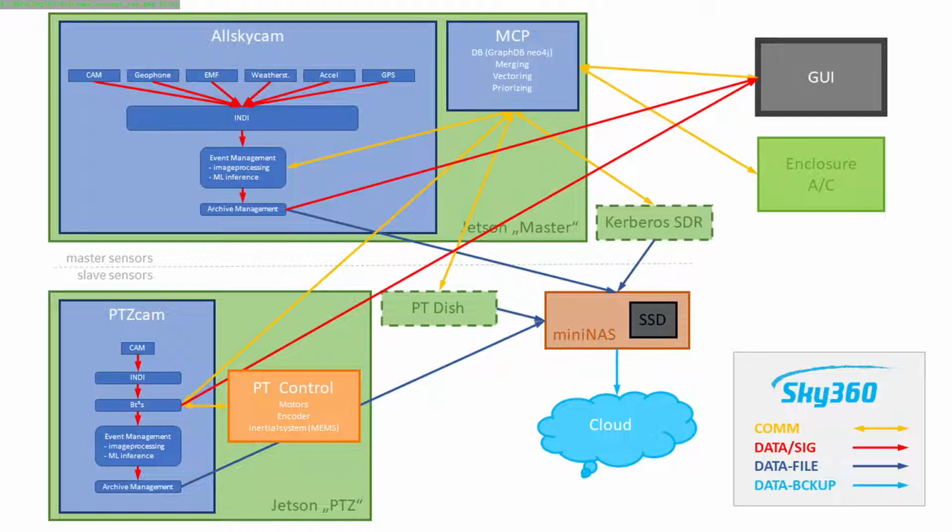Since we've got experience with astronomical device controlling, we thought about it very much and said, okay, the INDI Protocol, INDI stands for Independent Neutral Device Interface, would be a good solution because it's been developed for 25 years now.